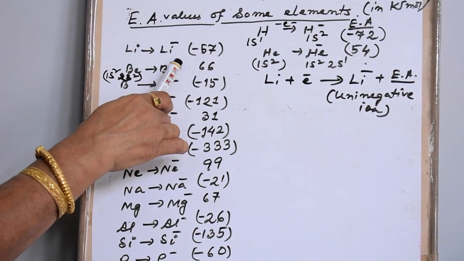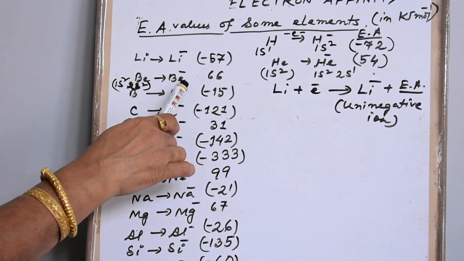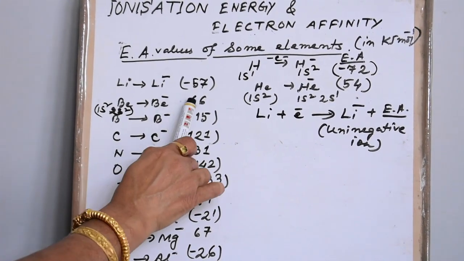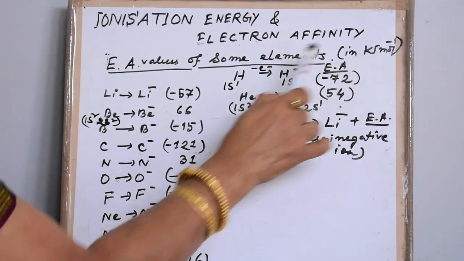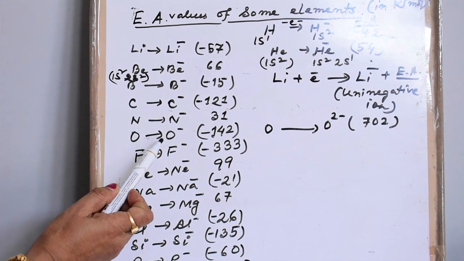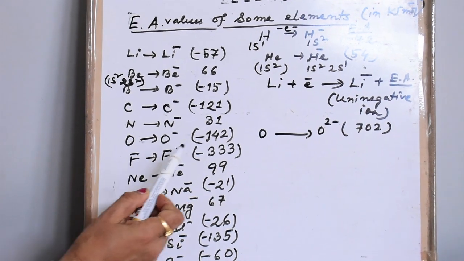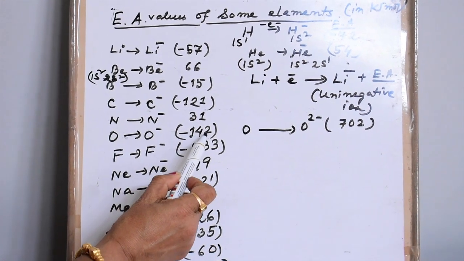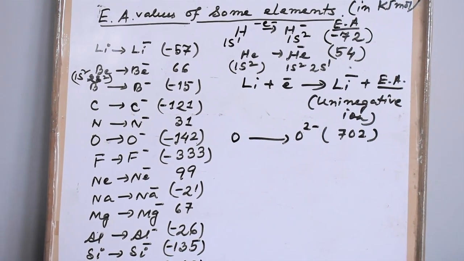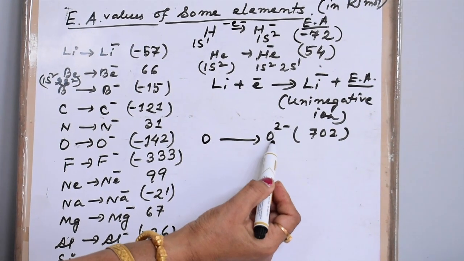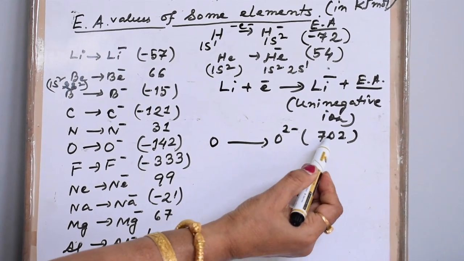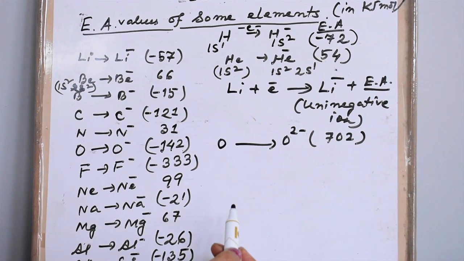So to form the beryllium negative ion, the energy is absorbed, which is plus 66 kilojoule per mole. In the case of oxygen, to form the negative ion O minus, it has minus 142 kilojoule per mole electron affinity value. To form the dinegative ion O2 minus, energy is absorbed, which is 702 kilojoule per mole.